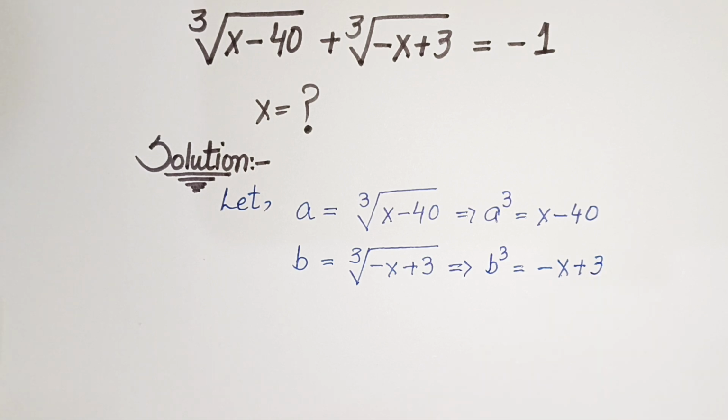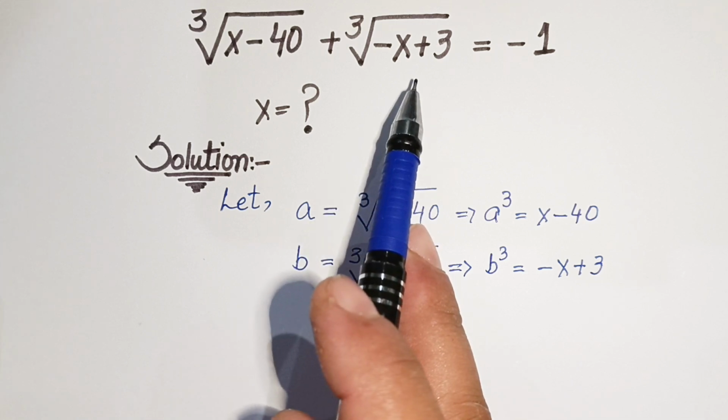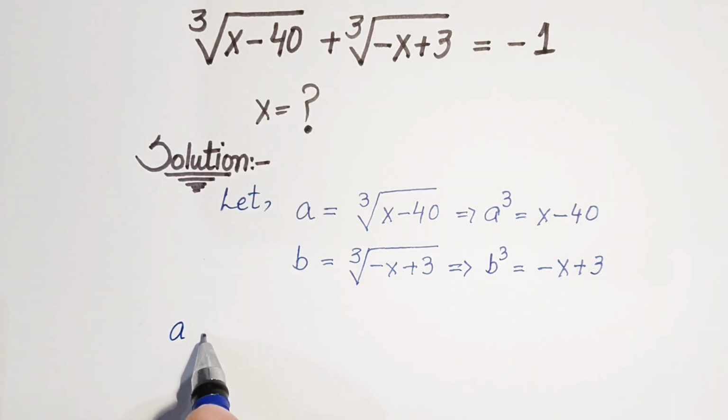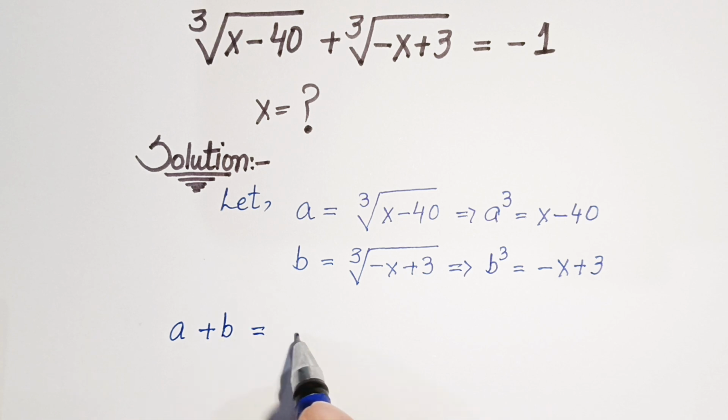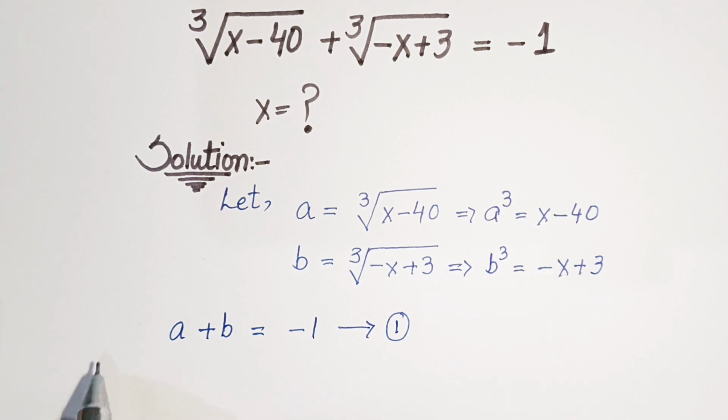Now if we substitute these values of a and b in our problem, we get a plus b is equal to minus 1. Let's say it is our equation number 1. Now if we add these two equations, we get a cubed plus b cubed is equal to x minus 40 and minus x plus 3.